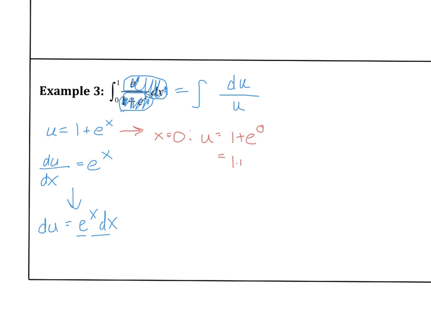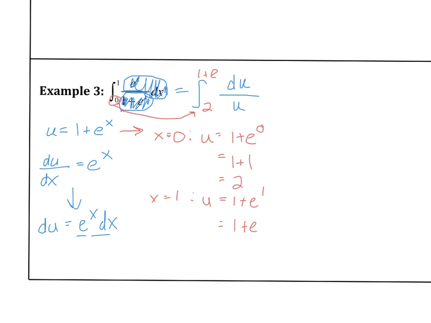So that's 1 plus 1, which is 2. Great, so instead of x equal to 0 here, I will plug in a corresponding u equal to 2. And then let's do the same for x equals 1, our upper limit of integration. So then u would equal 1 plus e to the 1, which is going to work out to be 1 plus e. All right, she ain't pretty, but she'll do.